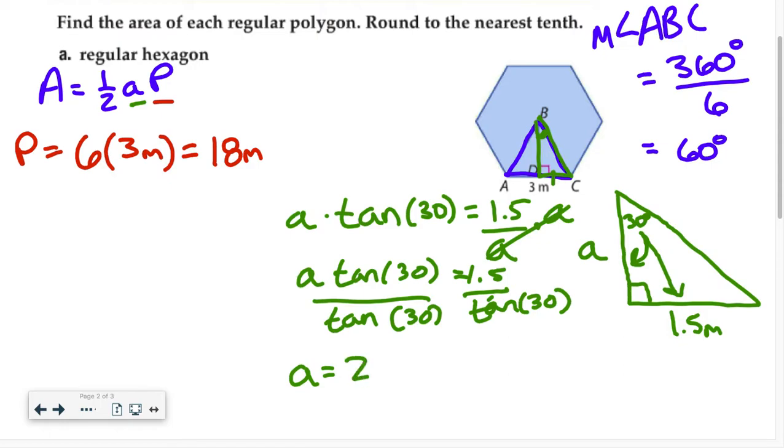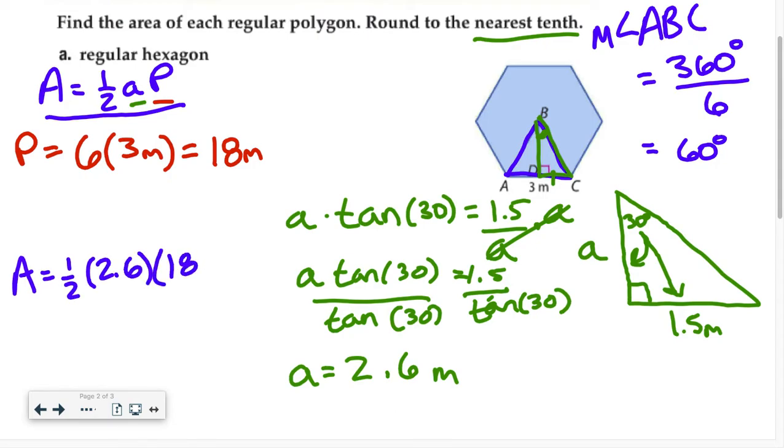You should get that a is 2.59, so rounding to the nearest tenth, 2.6 meters. So I can use apothem and perimeter to find my area now. Area is 1/2 times apothem 2.6 times perimeter, which we said was 18. 2.6 times 18 gives us 23.4. So the area of this regular hexagon is 23.4 meters squared.